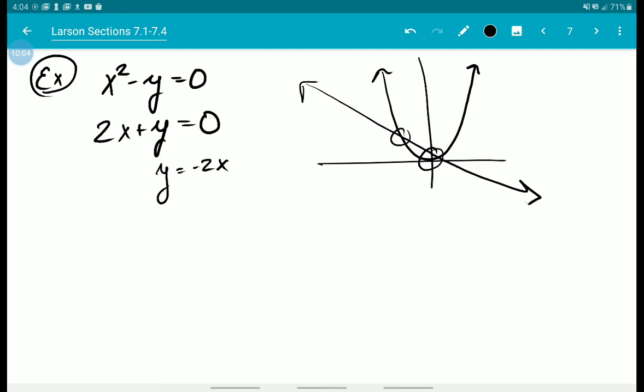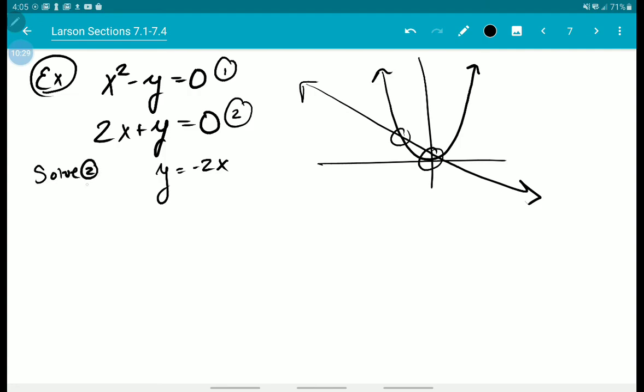So with this one, notice we only have one squared term, so it's going to be easier to solve one of these equations either for x or for y. Since I've already solved that second equation for y, let's just go with it. So we said y is equal to negative 2x.